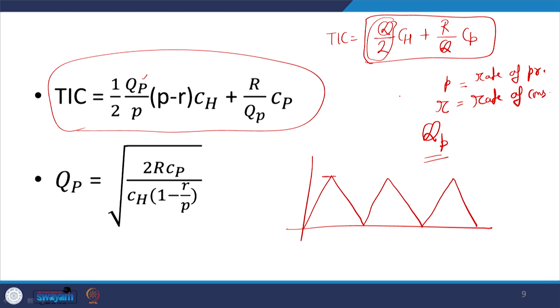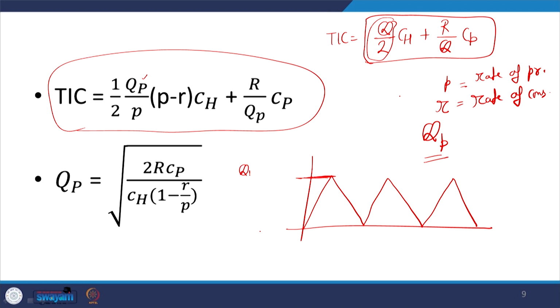So, the maximum inventory which is going to be there in a particular cycle is decided by the rate of production and rate of consumption, if in a particular cycle you are going to produce QP quantity.